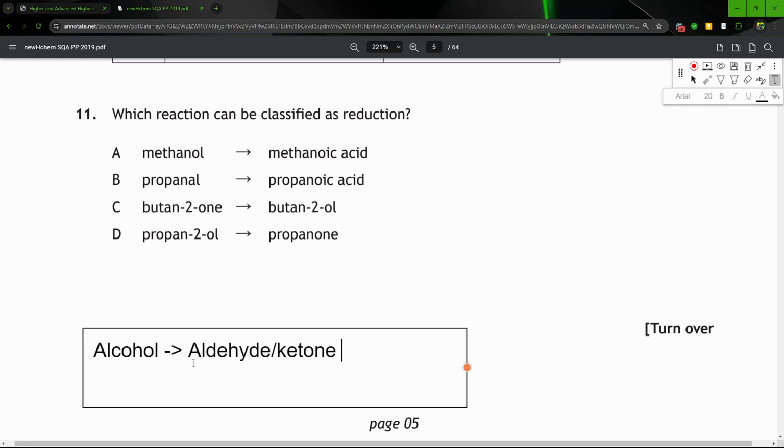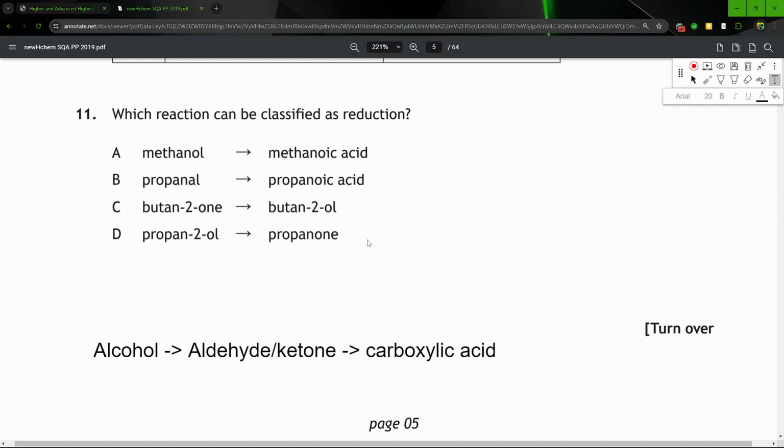Ketones can't be oxidized any further, but we'll put them on regardless, and then we'll get carboxylic acid. So this is the direction of oxidation. Oxidation goes to the right. But this is reduction, which is the opposite of oxidation, so it'll actually be going to the left. So we need to find something that goes to the left of these reactions.